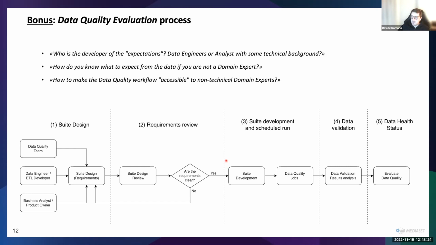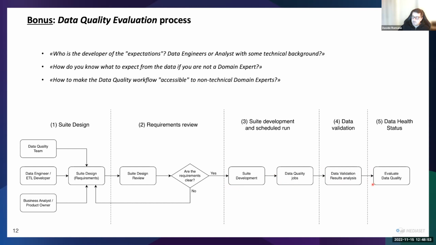So basically, starting from step number 3, people just have to write code to evaluate the data related to the requirements document. So in step number 3, we develop the suite, we schedule and run the data quality jobs, and then we arrive at step number 4. Inside Superset, we run validation analysis.